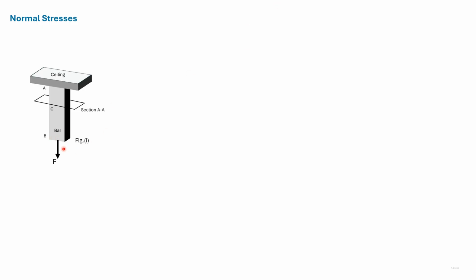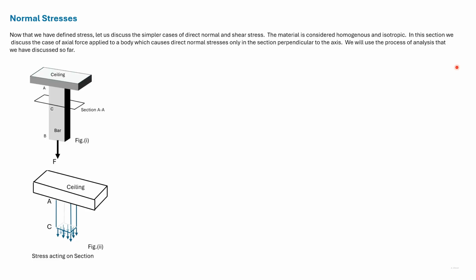This is because the force F acts near B. However, at a distance from B, such as C, the stress distribution in a perpendicular cross-section has been found to be uniform. So this is the uniform stress acting at section C.